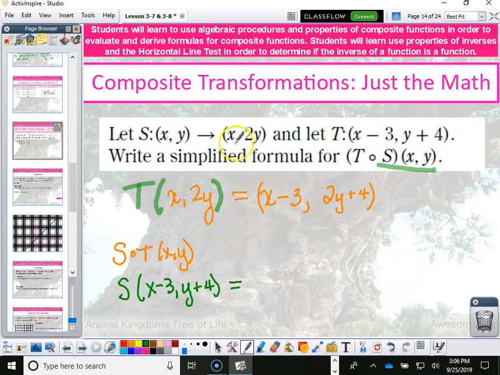So instead of just x, our scale change would have been x minus 3, and our y, instead of 2y, it would have been 2 times y plus 4. So the end result here would have been x minus 3 and 2y plus 8. Okay? So it does matter the order you compose.